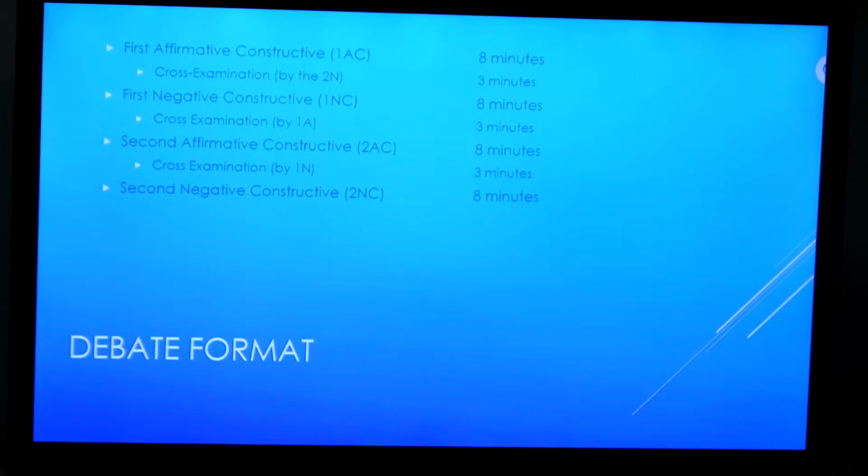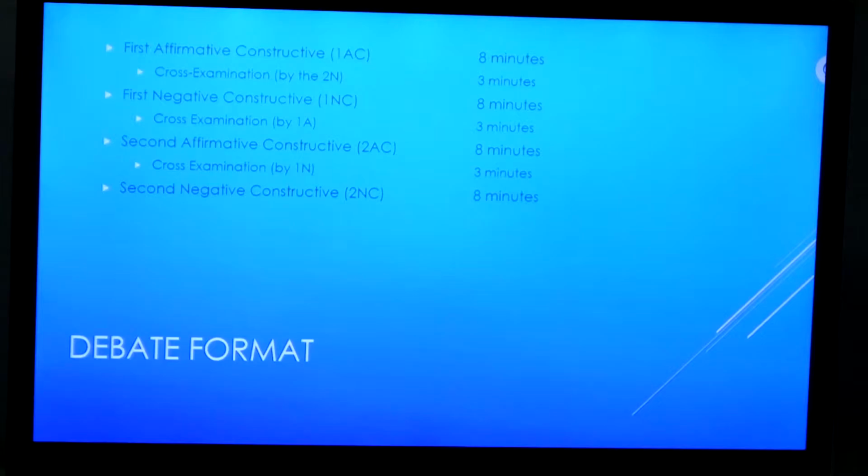So in the second half of the debate round, as soon as you get to the rebuttals, there should be no new arguments raised. At that point, you basically set the path for what the debate's about. The affirmative has brought up all of their arguments, all of their advantages, all of their plan.